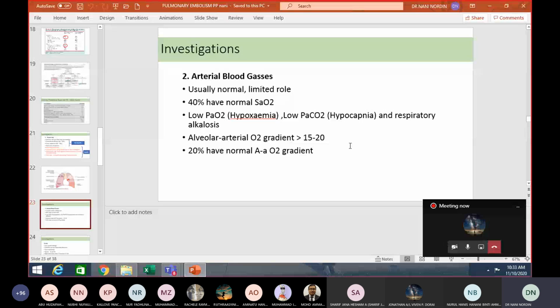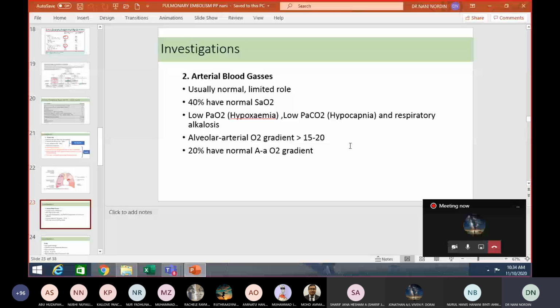However, it is found that about 20% of patients with PE can still have a normal alveolar-arterial oxygen gradient. So it is kind of useful, but bear in mind you will still have a lot of PE patients with a normal gradient. Okay, all right. So that is blood gases.